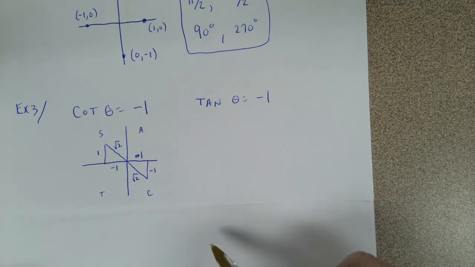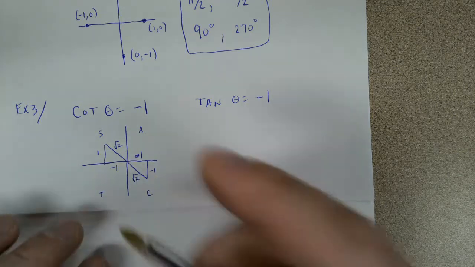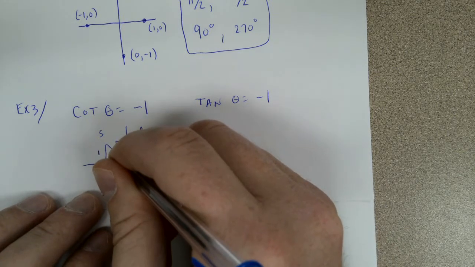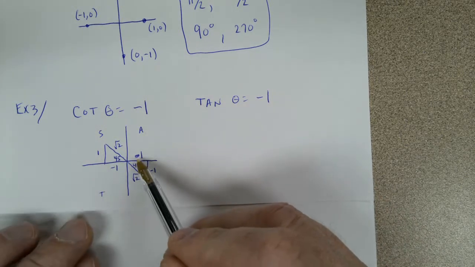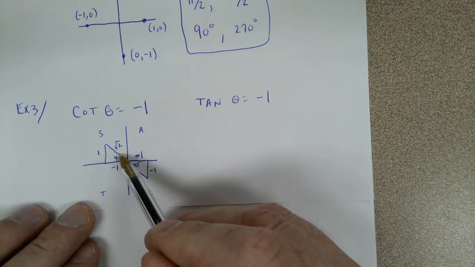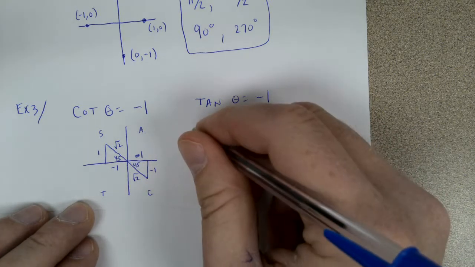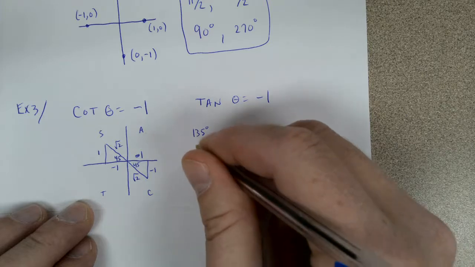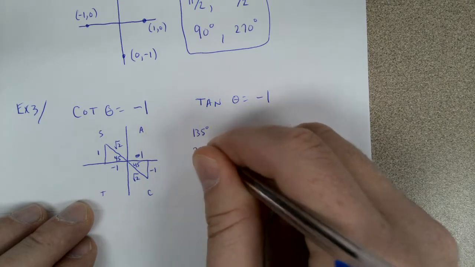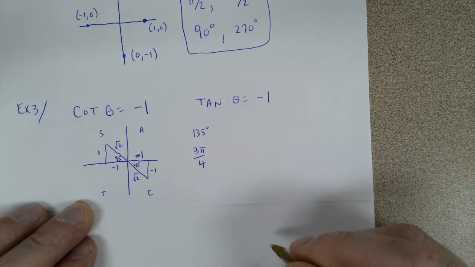So that tells me in this one, what kind of triangle do I have? It tells me that I've got a 45, 45, 90 based on my ratios. So as I'm going around here, 90 plus another 45 puts me at 135 degrees, and that's 3 pi fourths in radians.